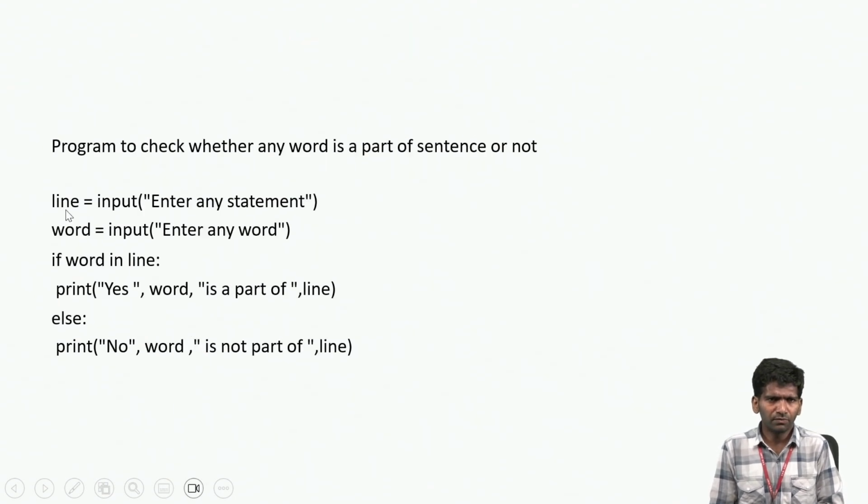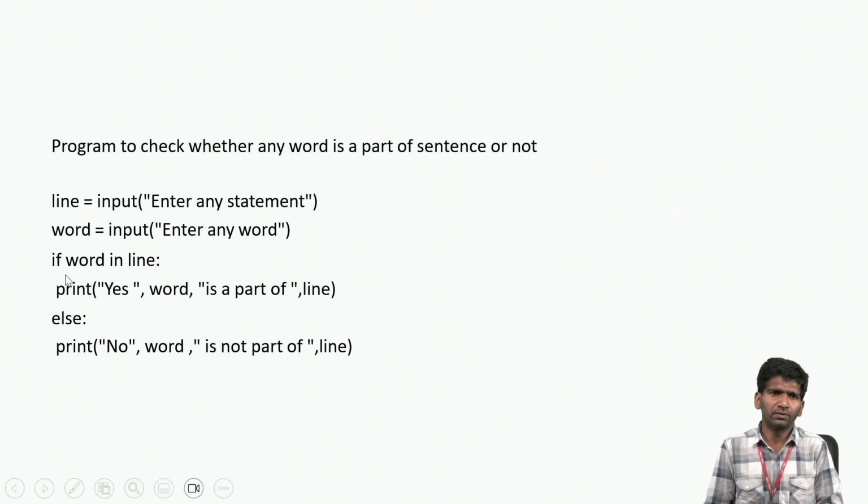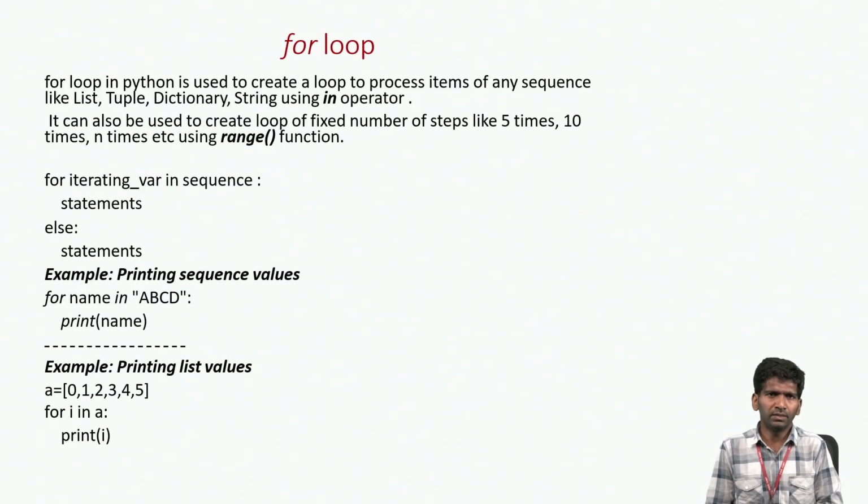Another program is word and line. If word in line, print that the word is present. Instead of for, you can change it to if. That works fine, I think, but we are still not getting the false statement. Then let me take another program from the for loop.